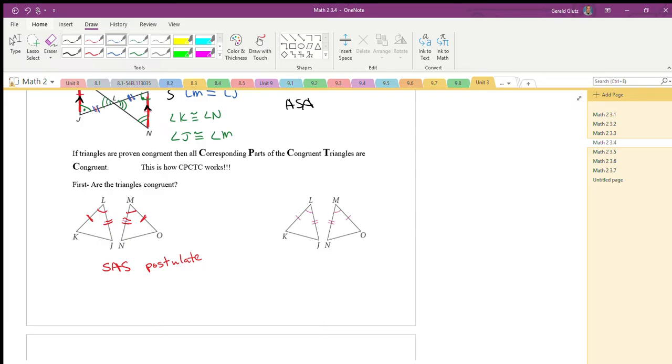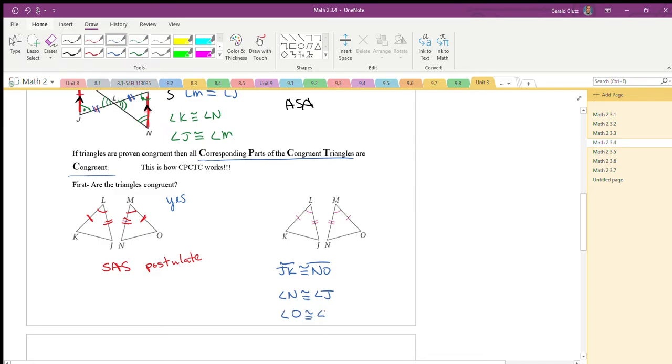So since I know, because of the side angle side postulate, that the two triangles are congruent, that means all corresponding parts have to be congruent, which is what CPCTC means. So I also know, even though it's not marked, that JK has to be congruent to NO. And I know angle N is congruent to angle J. And angle O is congruent to angle K. So just because they're not marked doesn't mean they're not congruent.